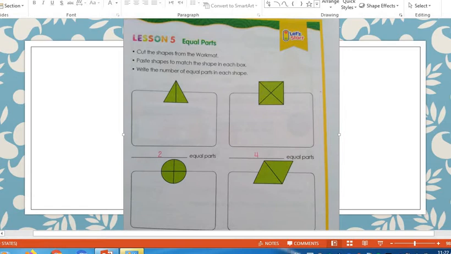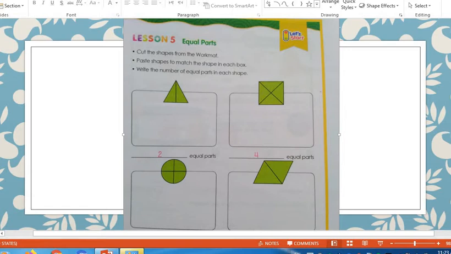Here I have cut the shapes from the work mat. Paste the shapes to match the shape in each box. Write the number of equal parts in each shape. I have here, when I cut this shape into two parts, it gives me what? Two equal parts. This and this, 1 and 2.